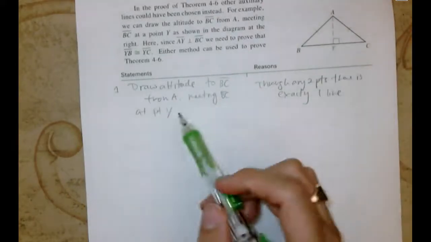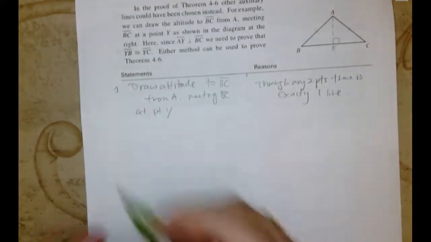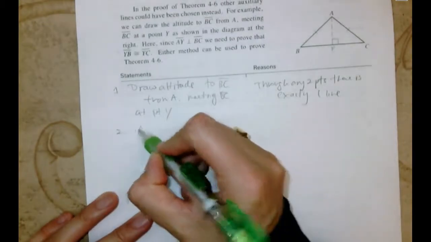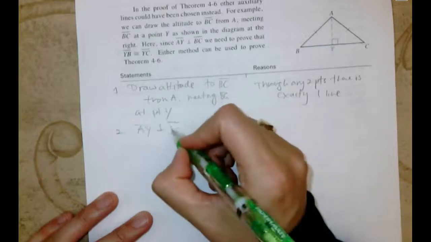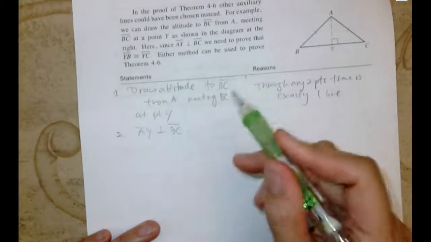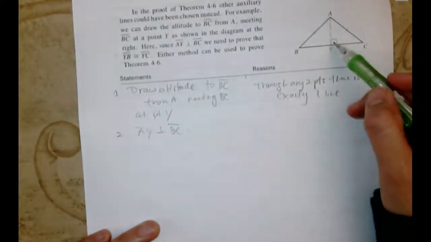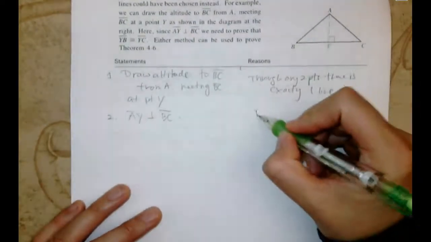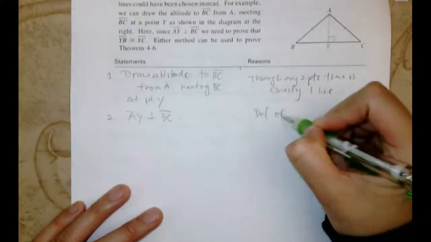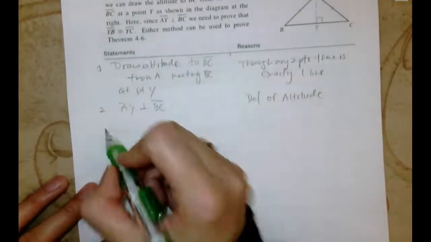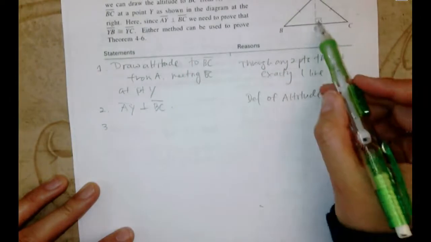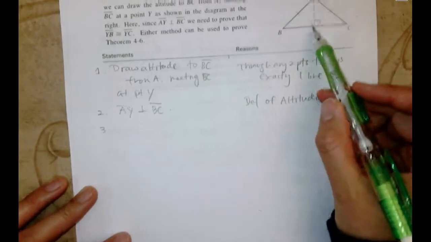Okay, so that's the auxiliary line. Okay, and then 2, segment AY is perpendicular to BC. And why is that? Because it's altitude, right? If it's altitude, then it has to be 90 degrees. So let's go to this definition of altitude. Okay, and then 3. No, you want to say that these are congruent, right? Because that's what we're going to use.